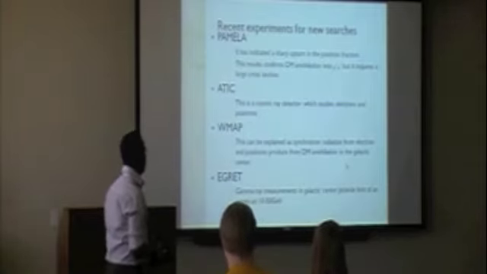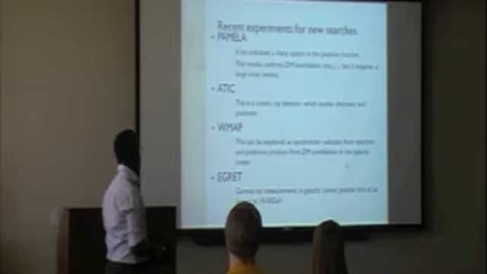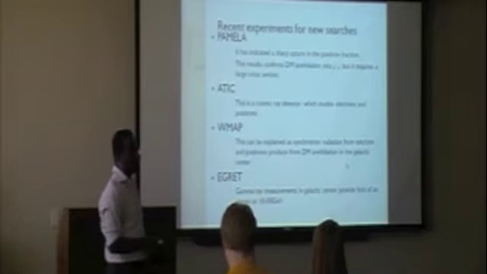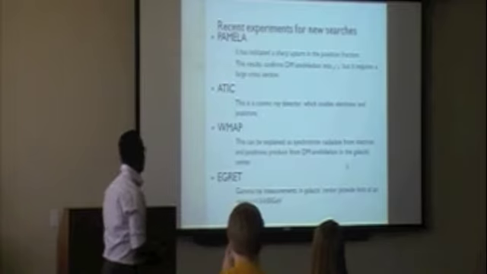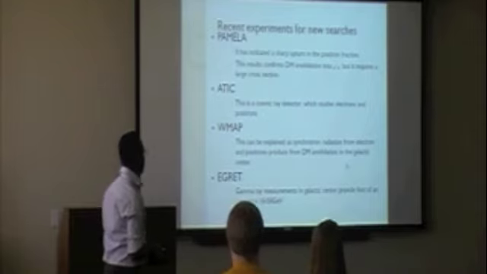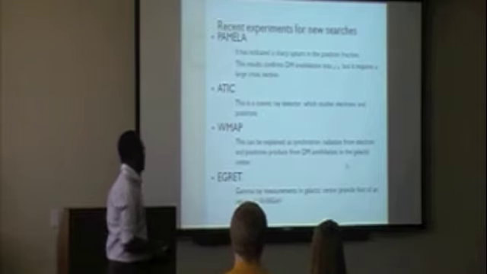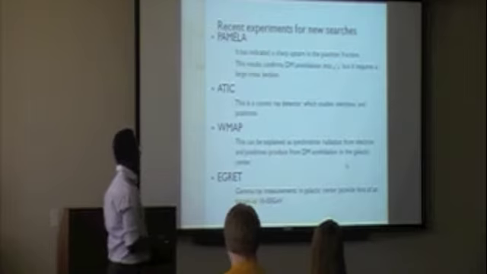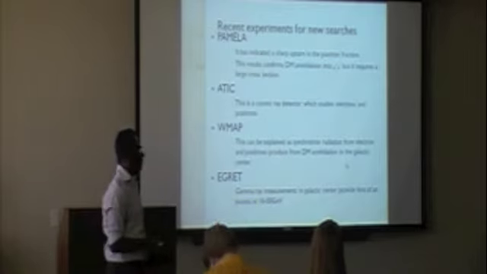In the WMAP experiment, the data can be explained by synchrotron radiation from electrons and positrons produced from dark matter annihilation in the galactic center. In the EGRET gamma ray measurement in the galactic center, there is a hint of an excess at 10 to 50 gigaelectron volts.